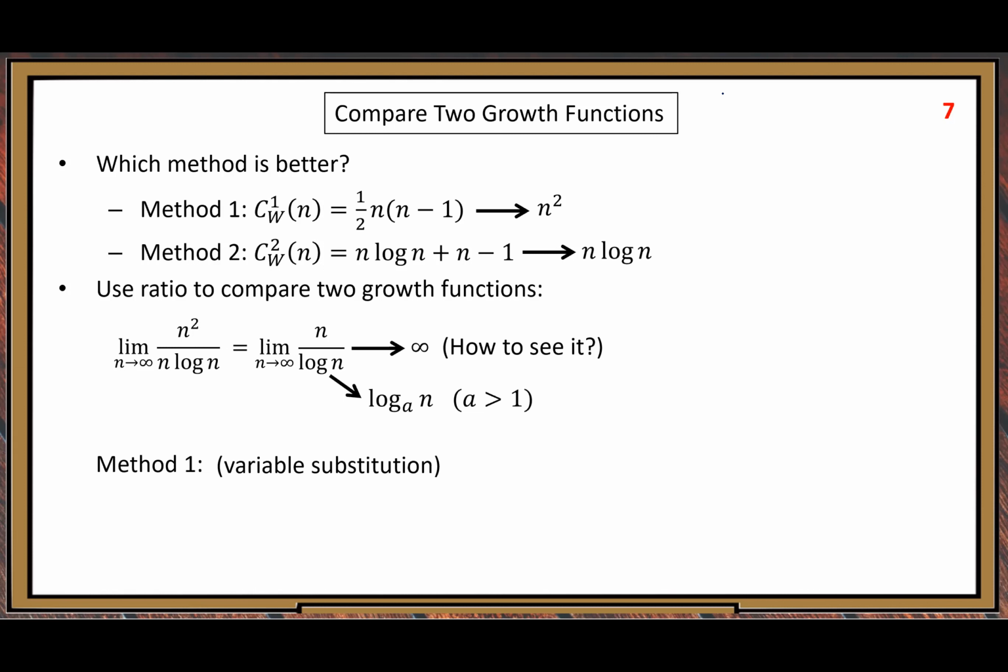Method 1, variable substitution. Usually we're not familiar with log, right? Most of our students feel it's hard to handle log functions. If it's hard to handle log functions, can we use a new variable to substitute the old log function?